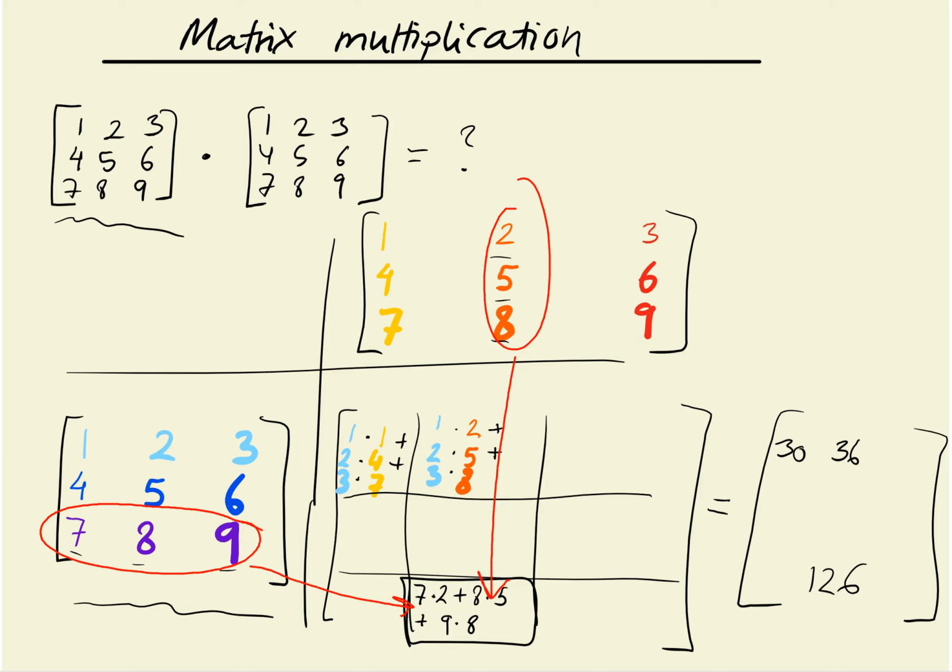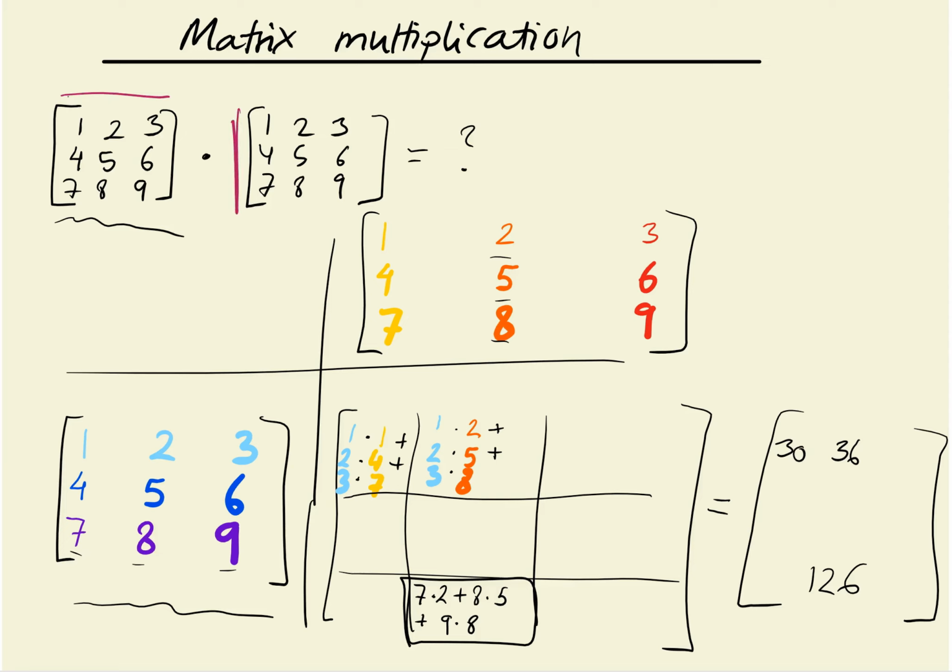One thing to notice is that you can't do matrix multiplication unless these two dimensions agree. What I mean is that the first matrix in the multiplication must have the same number of columns as the second matrix has rows. It simply follows from the way matrix multiplication is defined.